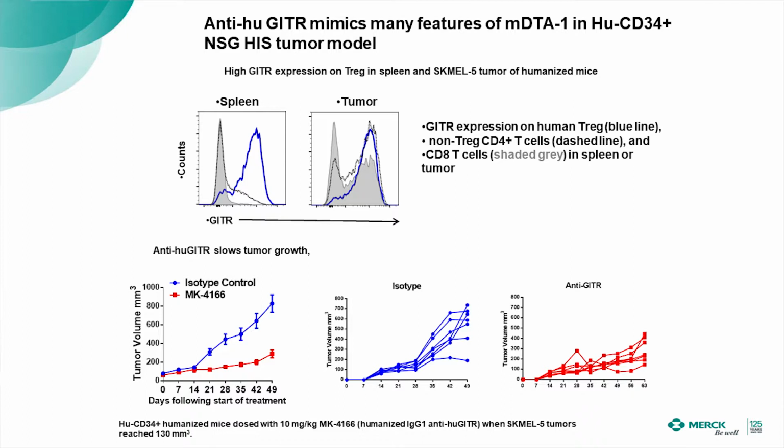What we could see is that in the spleen and tumor, the GITR expression is very similar, and the expression mirrors a lot of what we see in human cells. When we treat with MK4166 and are able to take down some of that Treg response, we had nice responses in vivo.